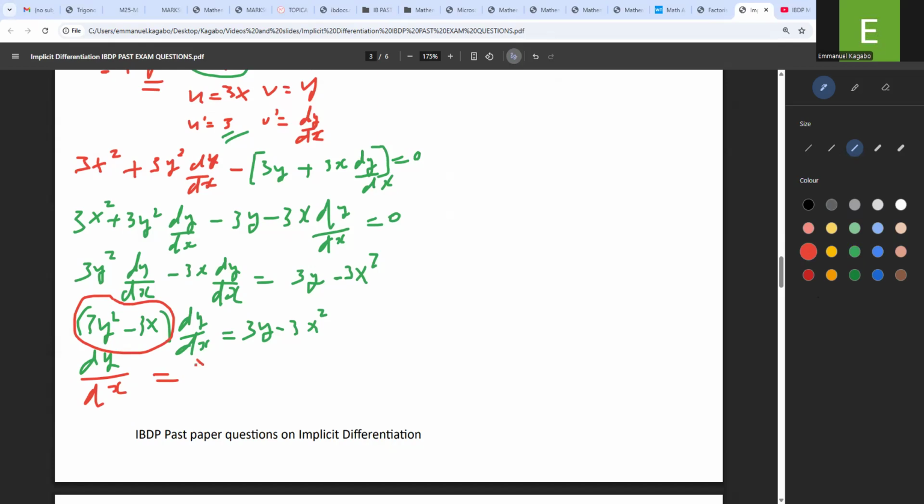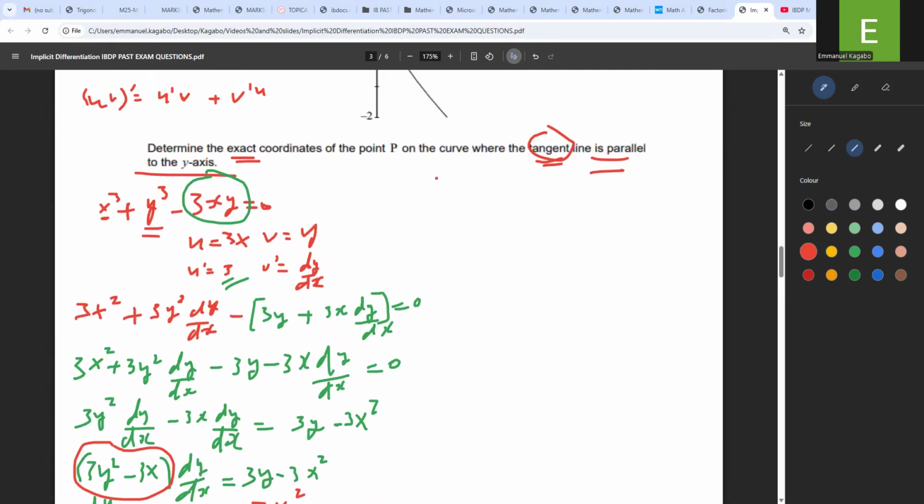I'm going to have 3y minus 3x squared altogether, over 3y squared minus 3x altogether. Now, when I reach here, 3 is common. You factorize 3 and then you divide. Good. Let me come to this side.